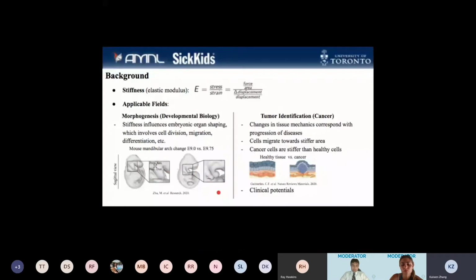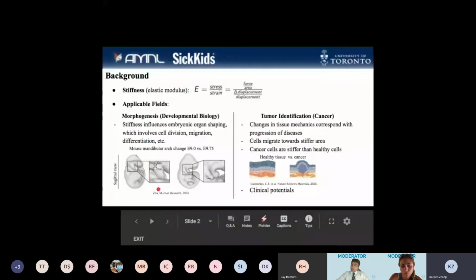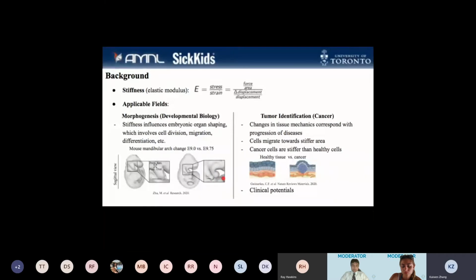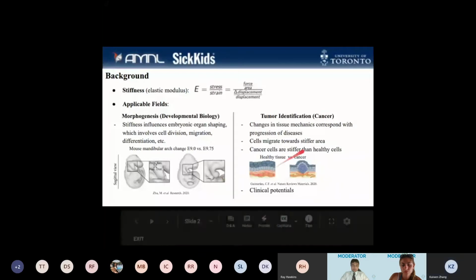If you look at the boxed areas, as the arch was undergoing changes, the middle portion narrows in the anterior-posterior direction, but along the proximal-distal direction, the tissue elongated. So this is a potential implication that local stiffness can regulate organ shaping, raising the possibility to catch and treat developmental abnormalities in the embryonic stage.